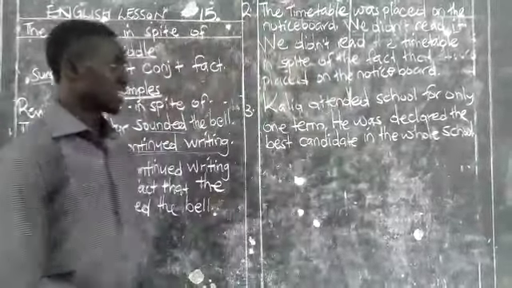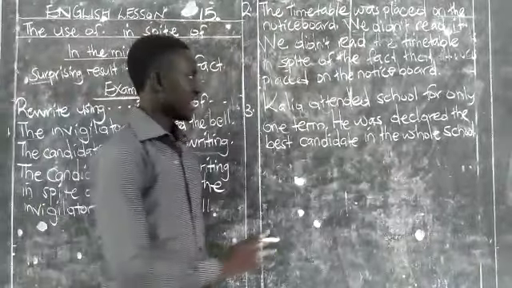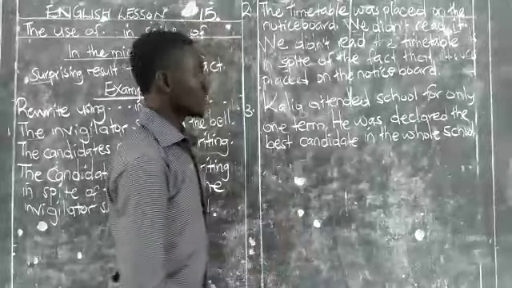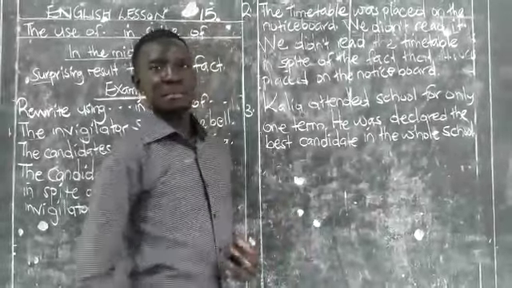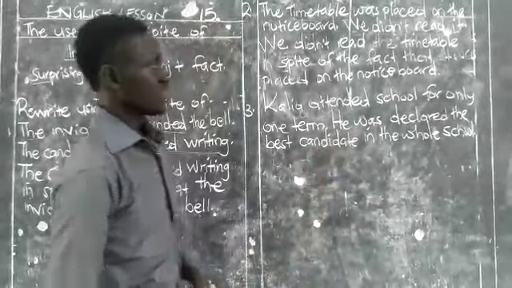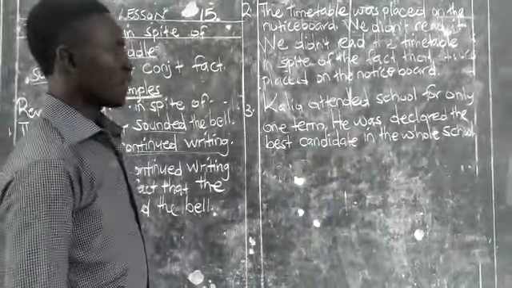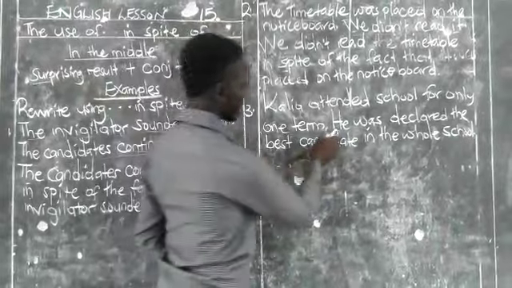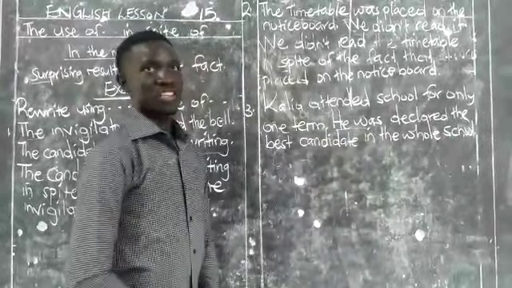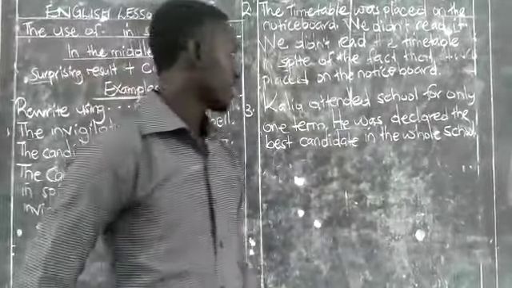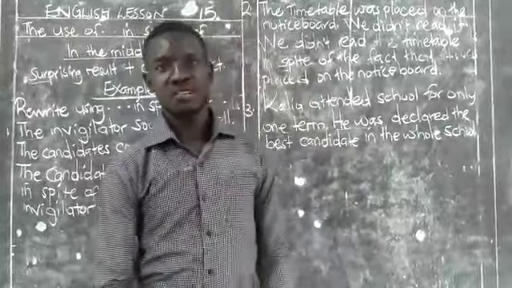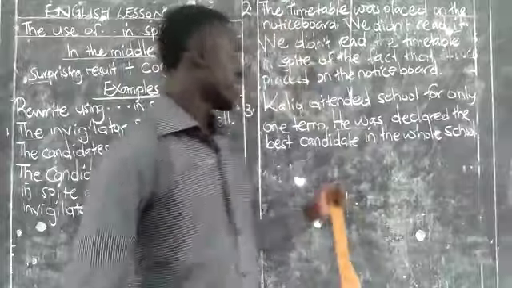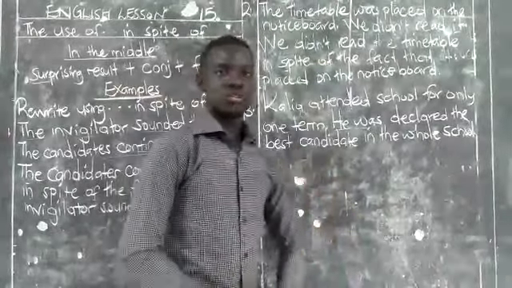So here, what will you say? The first thing is to identify the fact and the surprising result in the sentence. What is the fact in the sentence? And what is surprising in these 2 sentences here? The surprise is he was declared the best. This is the surprise to all of us. Someone who attends school for only one term can't become the best in the whole school. But here, it was contrary. It was opposite.